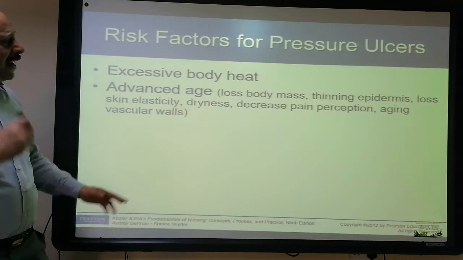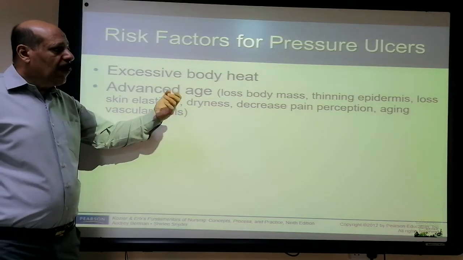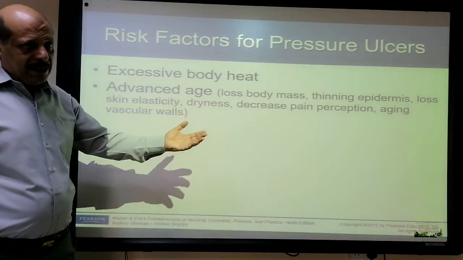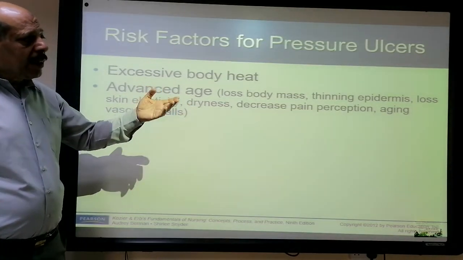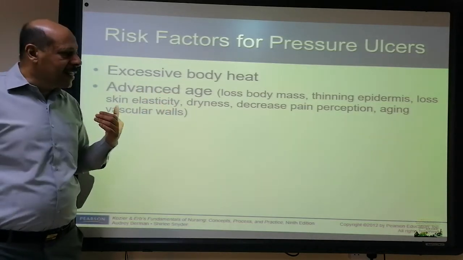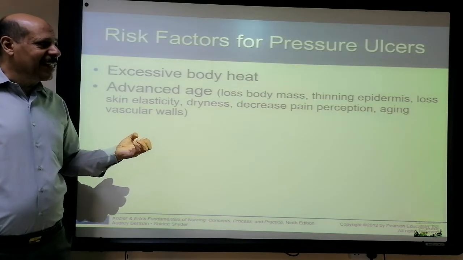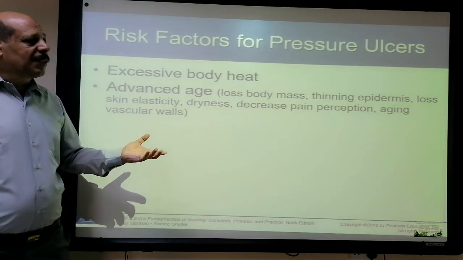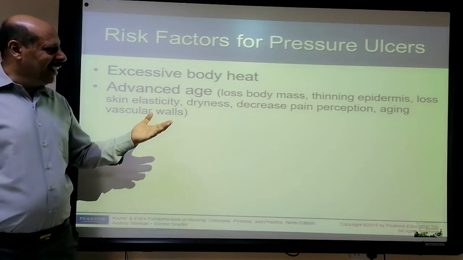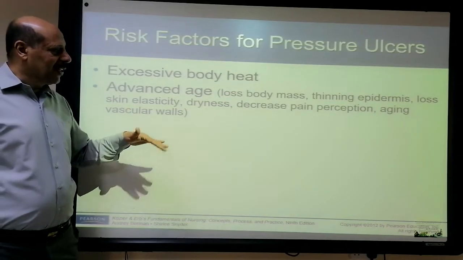Advanced age. In advanced age, there will be loss of body mass, thinning of the epidermis, and loss of skin elasticity. So the skin will lose its elasticity and its vitality, and the blood supply to the skin is less.